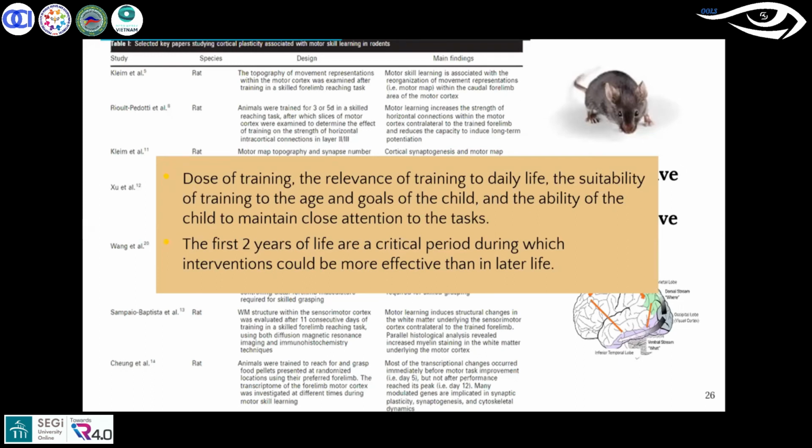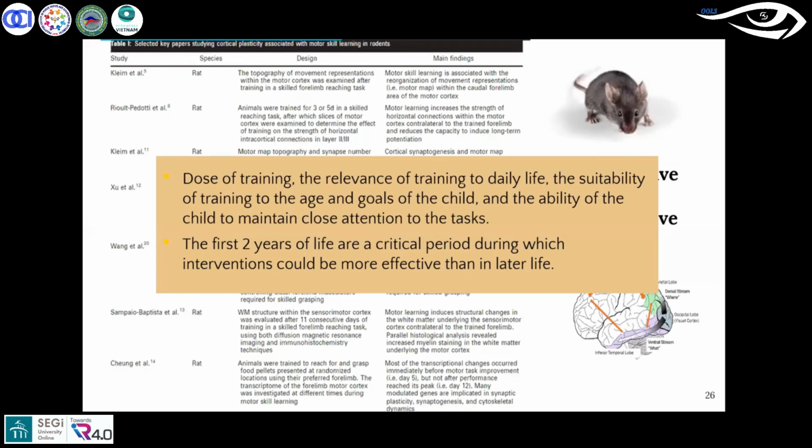For example, the dose of the training, and the relevance of the training to daily life, meaning that if they were rodents, they need to be climbing, going into the wheels. Then there is suitability to the age and goals of the child, and lastly, the ability of the child to maintain close attention to the task given.